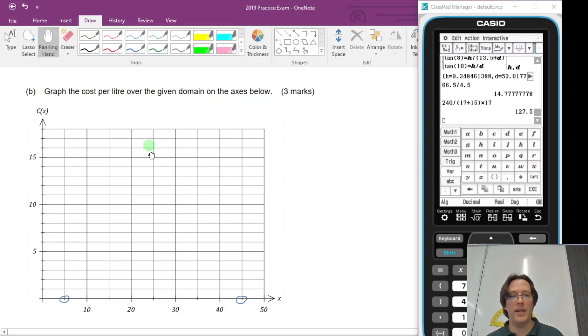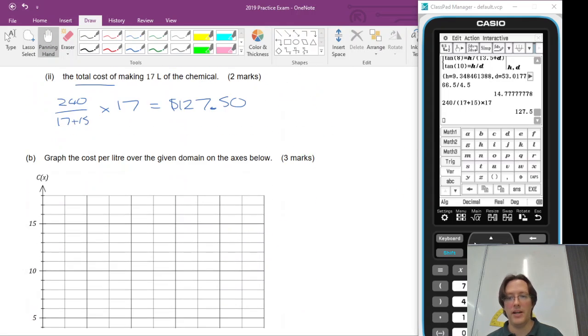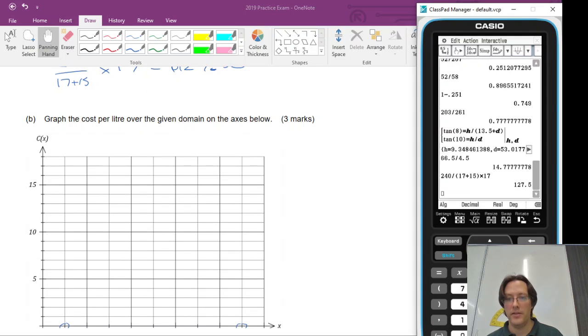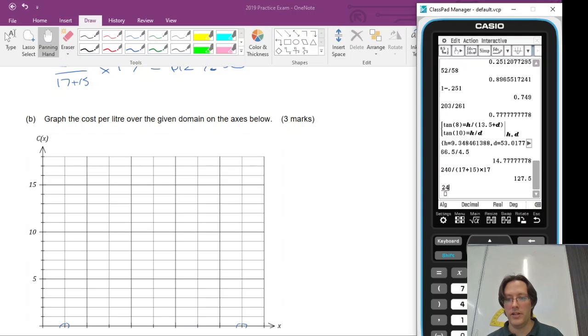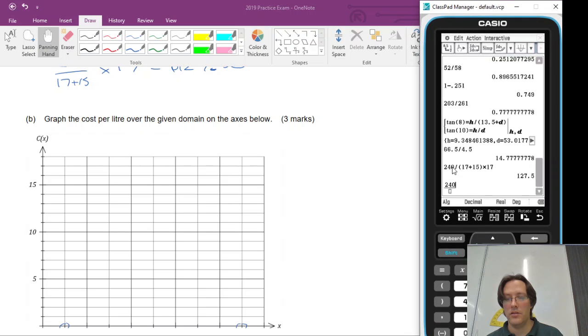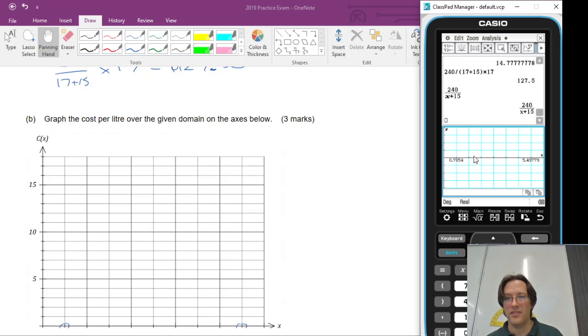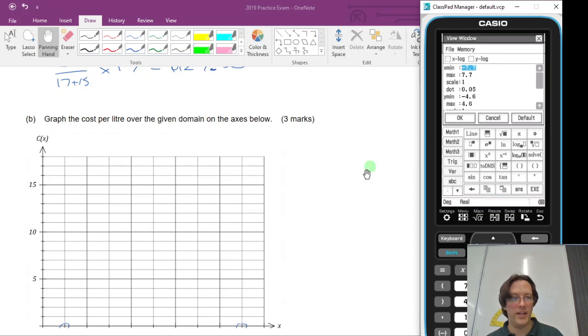So that's going to be 240 divided by, let's get this out of the way. In fact, let's draw it on that. 240 over x plus 15. Sketch that. Set my range.